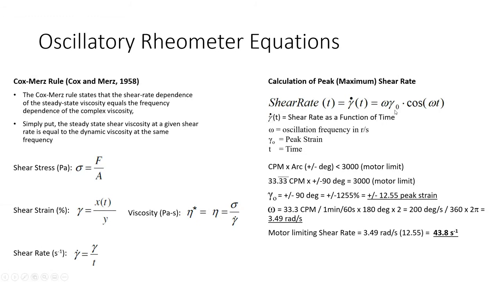And when we do that, we know that it changes by time based on cosine. But cosine's maximum, its peak output, is 1, unity. And so what we use to determine the shear is always the peak shear rate. So that's what we plot, the peak shear rate. And for at least most of the Premier rheometers, there's kind of a motor limit associated with that.